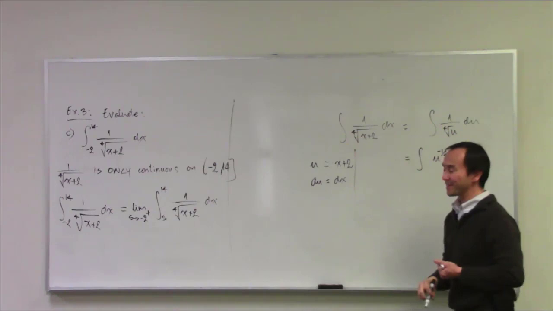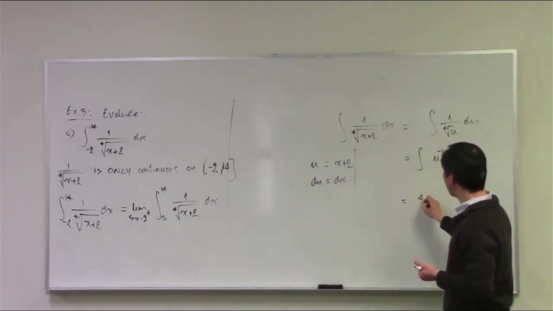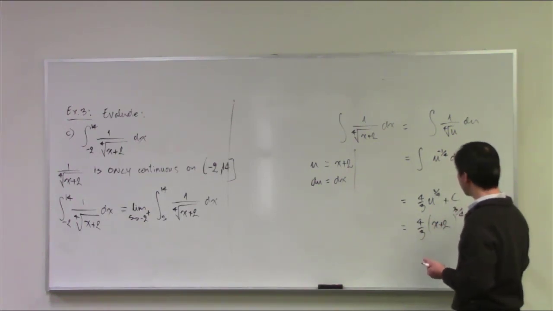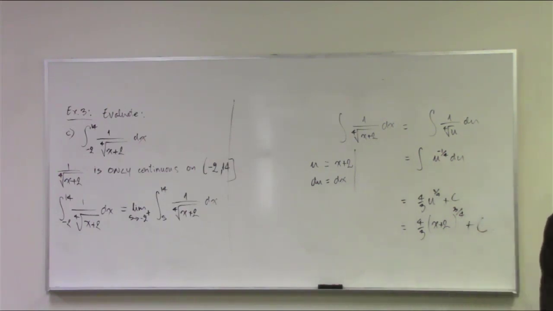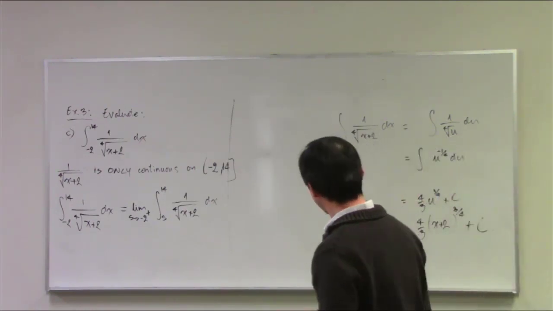That gives us 4/3 times u to the 3/4 plus C, so the integral itself is 4/3 times (x plus 2) to the 3/4 power. That's how we find our antiderivative.